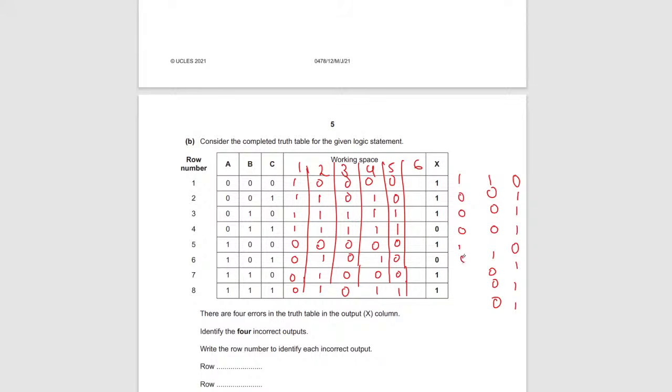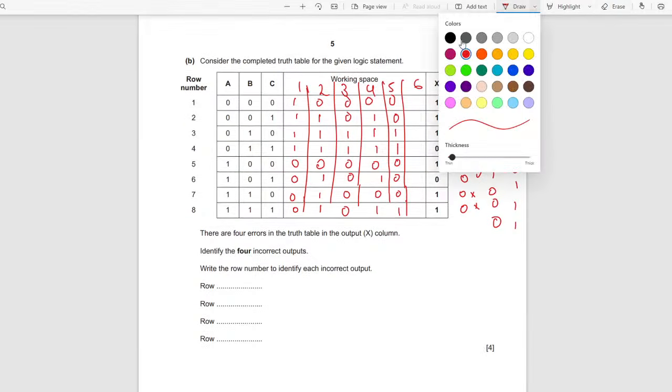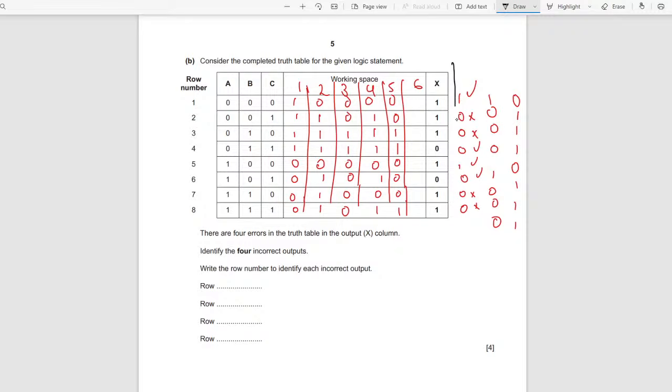Hopefully we haven't made any mistake, because if we have, okay, so this is correct. Oh, this is wrong, this is wrong, this is correct. This is wrong, this is wrong. So yeah, I think it's correct. So 2, 3, 7, 8 is wrong. Yeah, there you go, we've done it. So this is the answer.